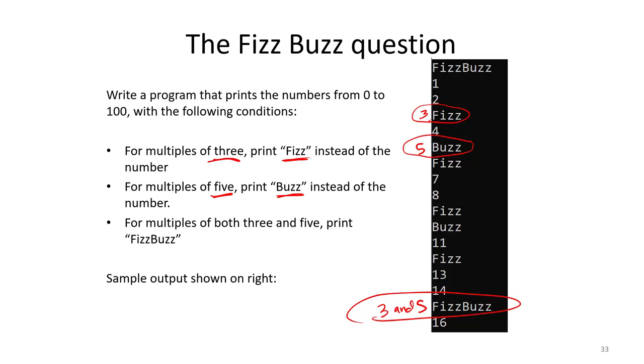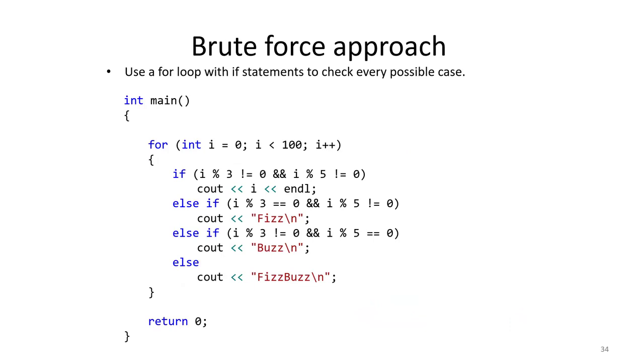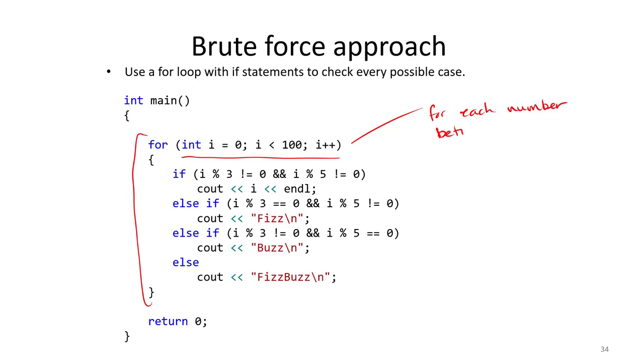Here's what I call the brute force approach. So in this case, notice that we write a for loop. So here we're looking at for all numbers, or for each number between 0 and 100.